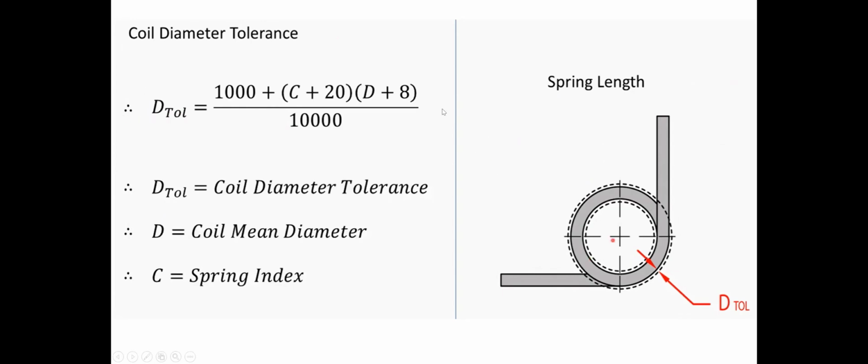Let's say for this torsion spring, we define the inner diameter as about 10 millimeters. However, we can accept a tolerance down to about 9.9 diameter. So the tolerance of the coil diameter is equal to (1,000 plus C), where C here is the spring index, plus 20 times D, plus 2, divided by 10,000.